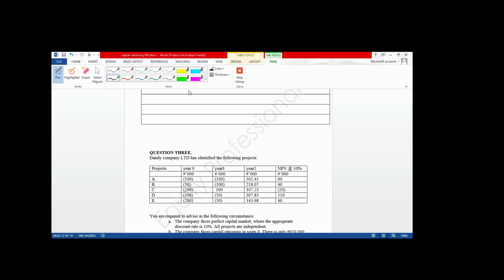Identify the following projects: Project A, B, C, D, and E. We have the initial cost in year 0. We have the inflow in year 1, year 2. And we are given the NPV, the net present value of the project, at a cost of capital of 10%.